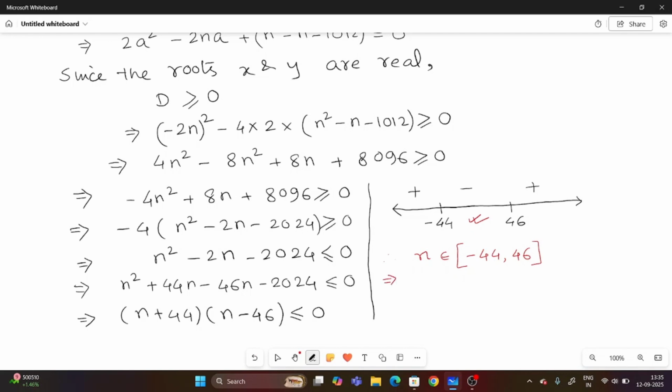If n is a positive integer, then the possible values of n are 1, 2, 3, and so on up to 46. Therefore, the maximum possible value of n is 46.